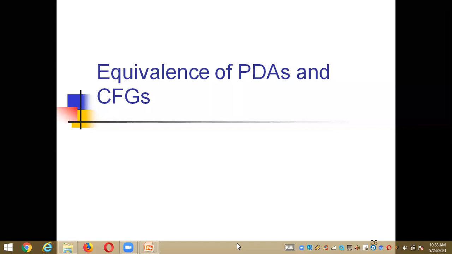We have both conversions, vice versa. That means if the input is a PDA, you can convert it into a CFG. If the input is a CFG, you can convert it into a PDA. In this class, I am mainly explaining the equivalence of PDAs and CFGs, and how we are equating both.